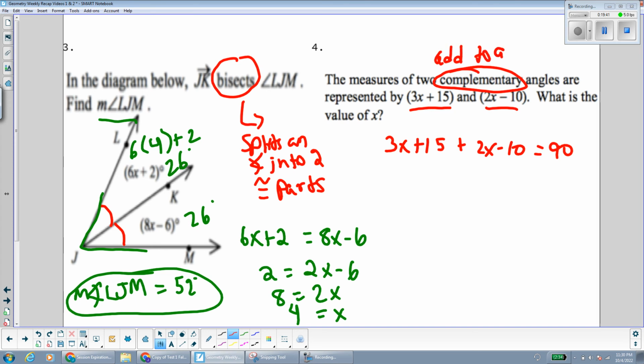Complementary angles add to 90 degrees. Combining my like terms, 3x and 2x is 5x. 15 and negative 10 is positive 5. Subtracting 5 from both sides gives us 85. And now the last thing we have to do is divide both sides by 5. And I got x is equal to 17.